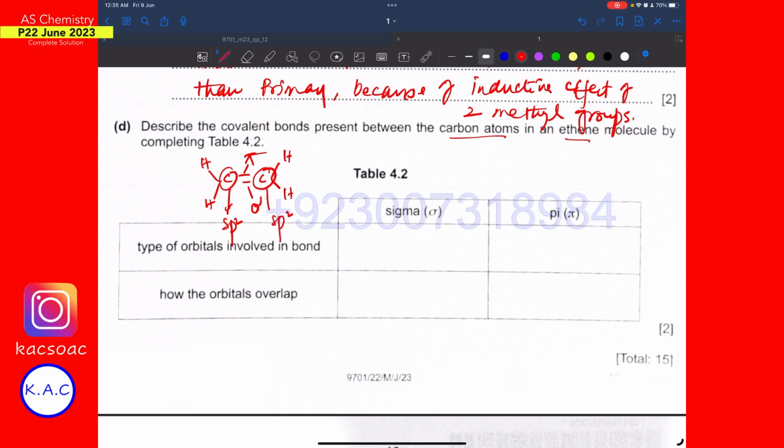When sp2 hybrid carbons overlap together, there is a formation of a sigma bond, and the pi bond is formed due to the overlapping of p orbitals. So the orbitals involved in bonding: sigma bond, sp2 orbitals; pi bond, p orbitals. The sp2 orbitals overlap head to head, and the p orbitals overlap sideways, or parallel overlapping.